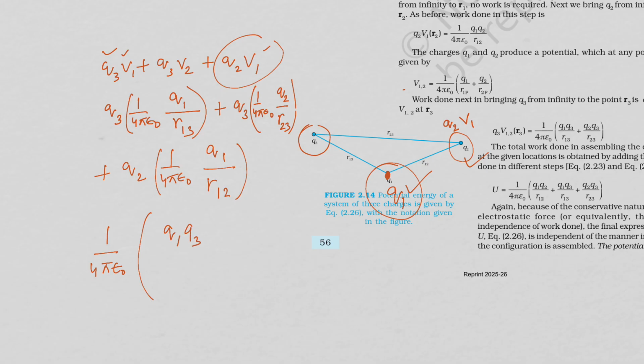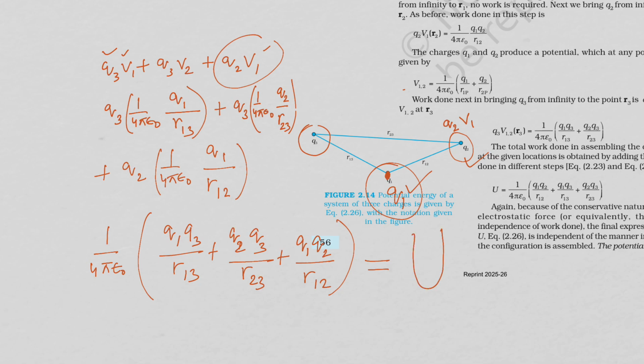Q1 Q3 by R13 plus Q2 Q3 by R23 plus Q1 Q2 by R12, and that is the potential energy stored, and it is also the work done in bringing all these charges from infinity to these positions, and we can say this is the potential energy of the system of charges.